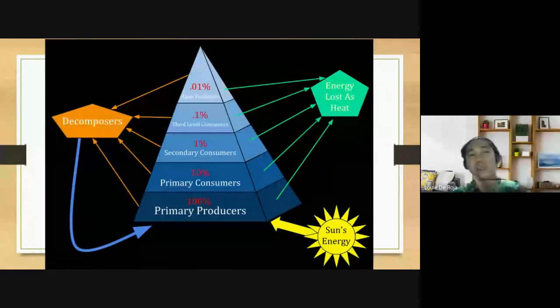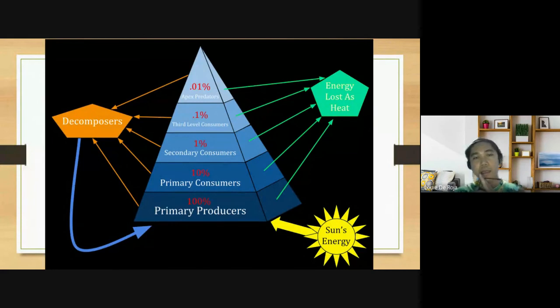And ganun din sa secondary consumers. Yung energy will be lost as heat and konti na lang yung matitirang energy hanggang sa maubos na ng apex predators or ng third level consumers.